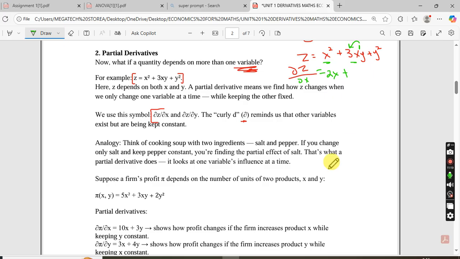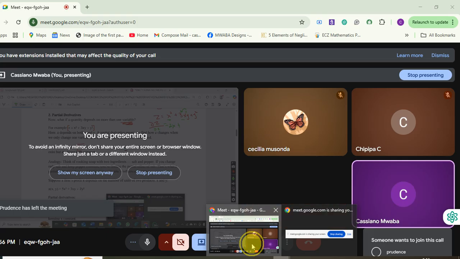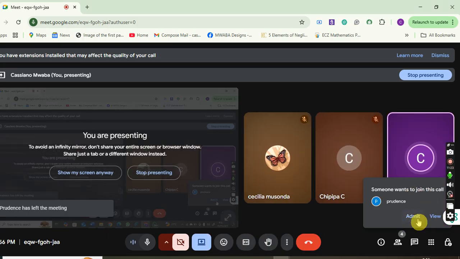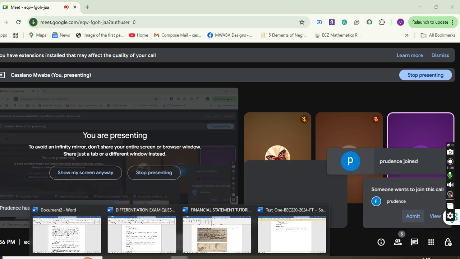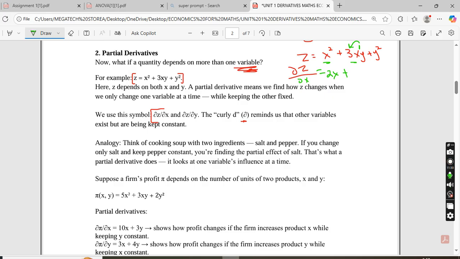Then we subtract 1 from the exponent: 1 minus 1 is 0. So this x remains x to the power 0, and when we derive, it becomes just 3y. And that is our solution when deriving with respect to x. Any questions?